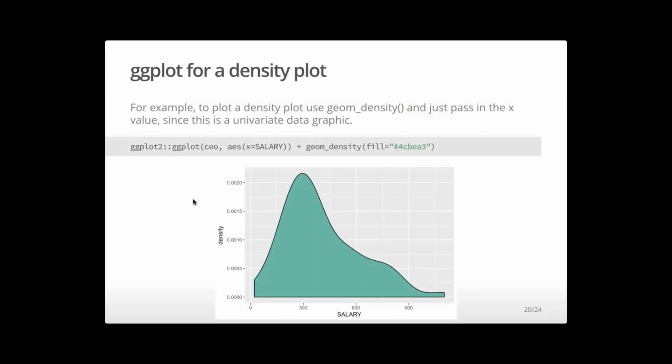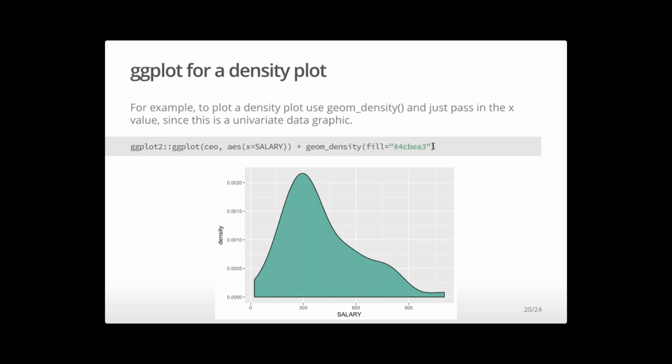If we wanted to do a density plot, for instance, this would be the syntax for that. We pass in our CEO data set and our aesthetic parameters. We only have one because we're doing a density plot, showing the shape of our data. And we add the plus sign, and we add what's called our geoms, which is how we say the geometry that we're using, right?